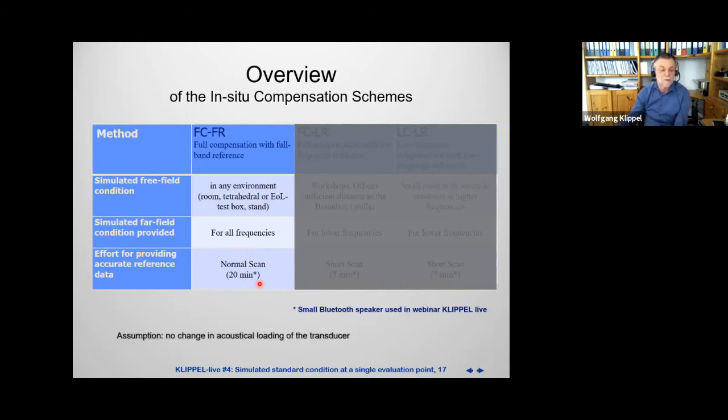What is really important to claim all that, if you have here a test box, for instance, we assume that the air volume in the test box will not behave as an additional acoustical load and will change the internal state of the loudspeaker. That should not happen. But you see, it's very general, it's very convenient, it's very powerful.